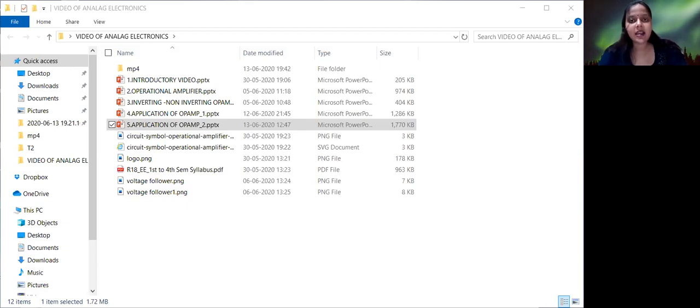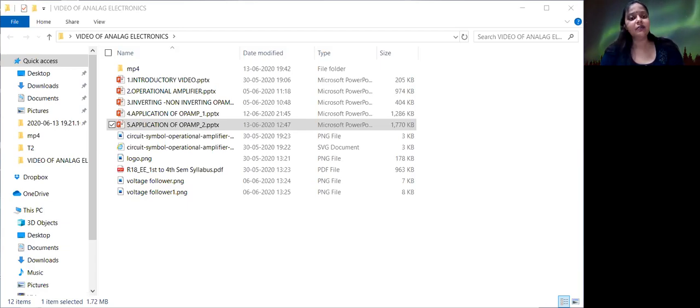These are some of the most used circuits of the 741 IC or op-amp IC, because in our basics of op-amp we have studied that an op-amp can be used as a logical amplifier or a mathematical amplifier, right? So these are the applications where an op-amp is used as a mathematical amplifier.